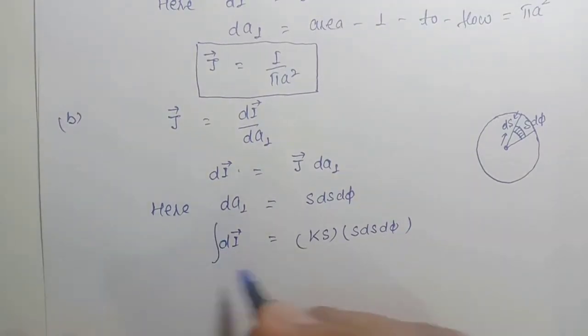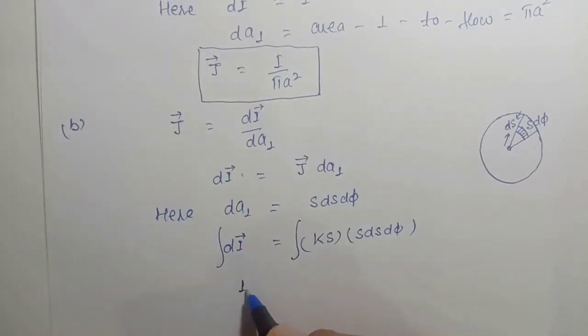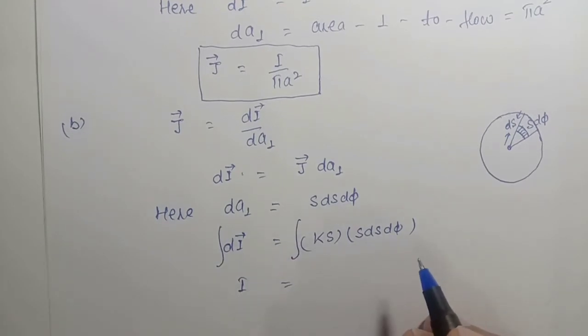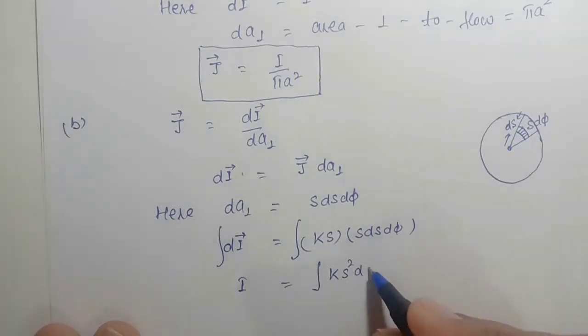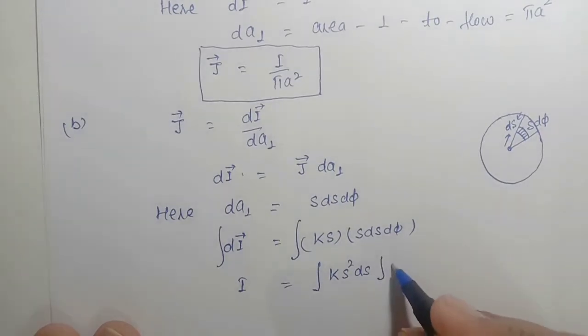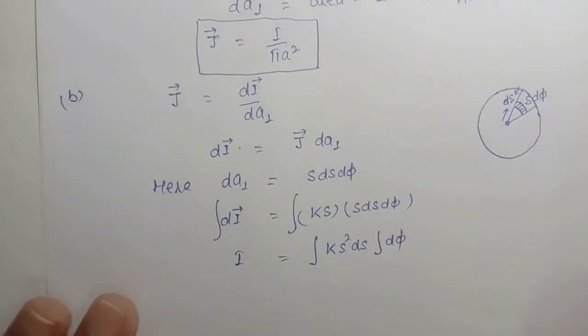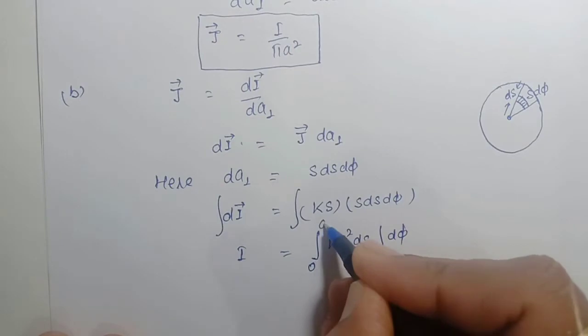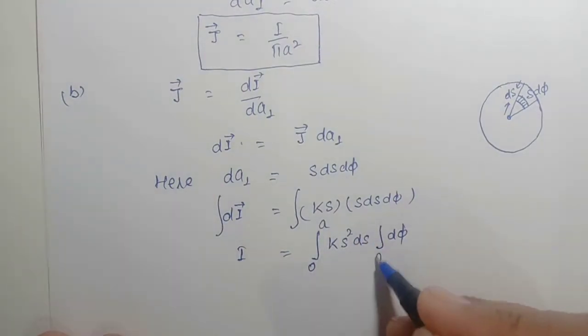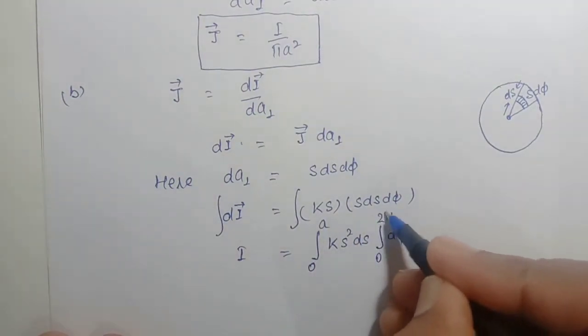When we integrate this, we can write I equals k times the integral of s squared ds d phi. For s, as per the problem, the radius is a, so we move from 0 to a, and because this is a circle, the angle goes from 0 to 2 pi.